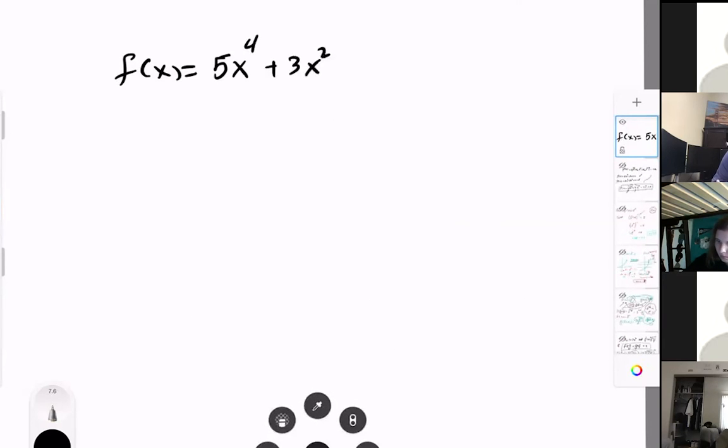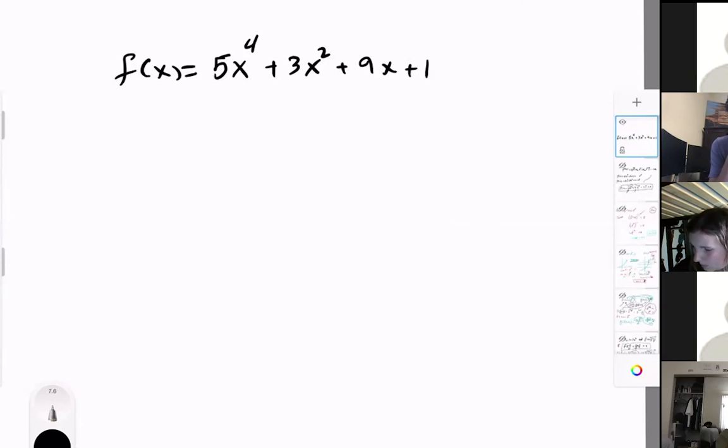f of x equals 5x to the power of 4 plus 3x squared plus 9x minus 1 plus 1. Is this a polynomial?